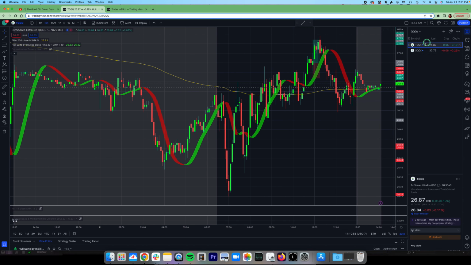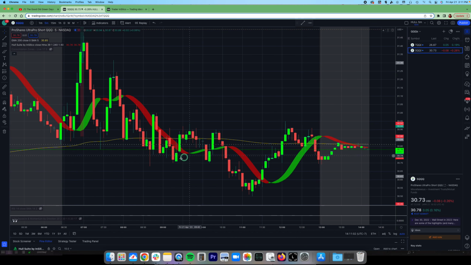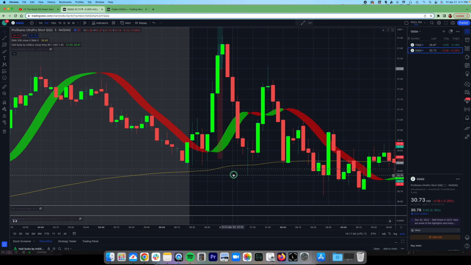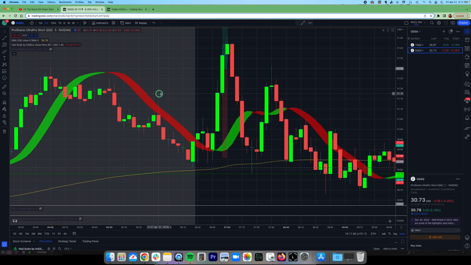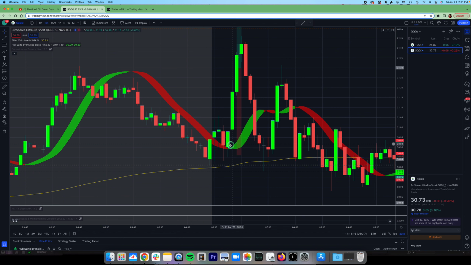I only trade SQQQ and TQQQ, and they are the opposite of each other, so you pretty much always get at least 2 trade opportunities every day. The market opened here, the Hull turned green, and it's above the 200 EMA. So right here, after this first 5-minute candle closes, I would get in.